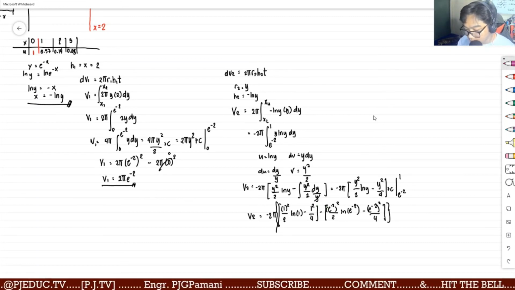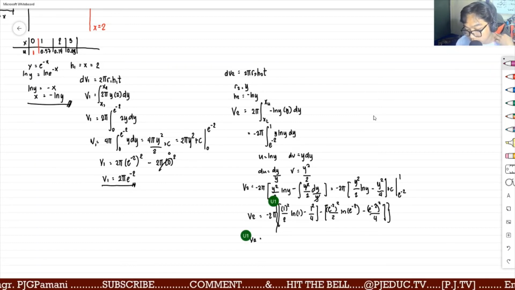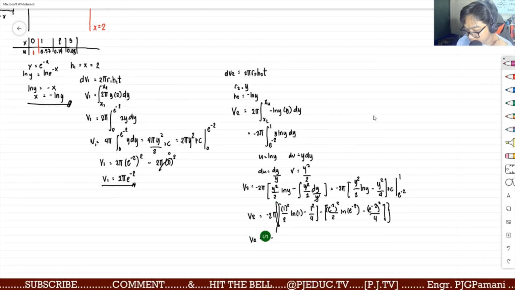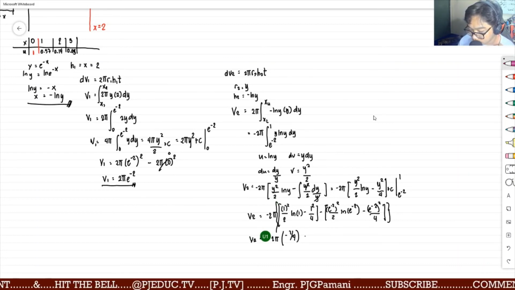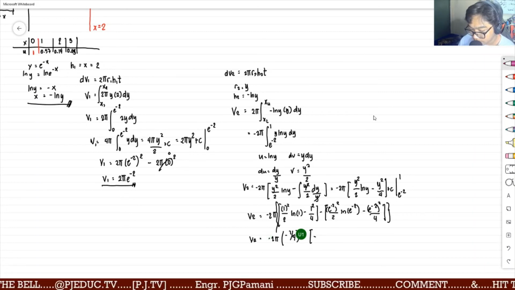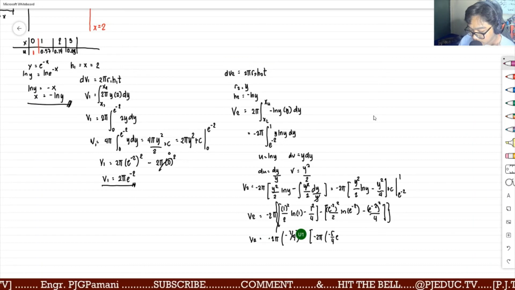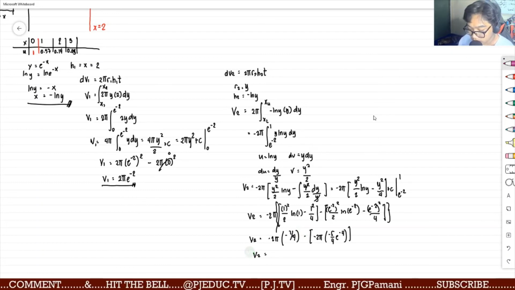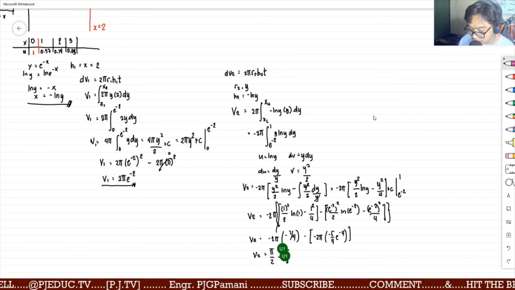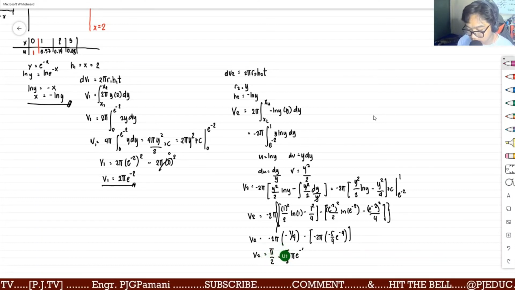Okay? And again, simplify further. That is now negative 2 pi of negative 1/4 minus negative 2 pi of negative 5/4 e raised to negative 4. V2 is now equal to pi over 2 minus 5/2 pi e raised to negative 4.